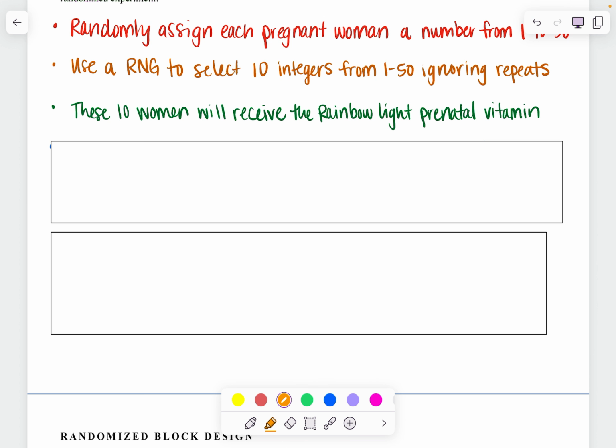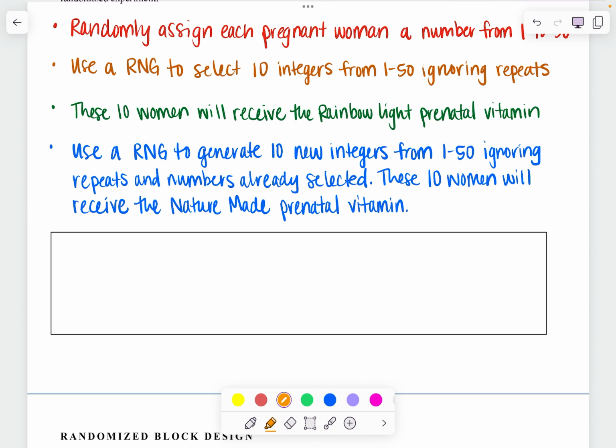Then I'm going to go in, I'm going to re-explain, now that you've picked those 10 women, how do I pick my next 10? And this one only gets to be a little bit long because there are 5 treatment groups. Whenever you only have like 2 or 3, your writing is a lot shorter because you don't have to kind of explain multiple things.